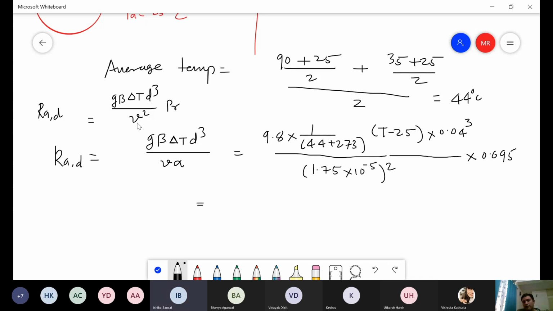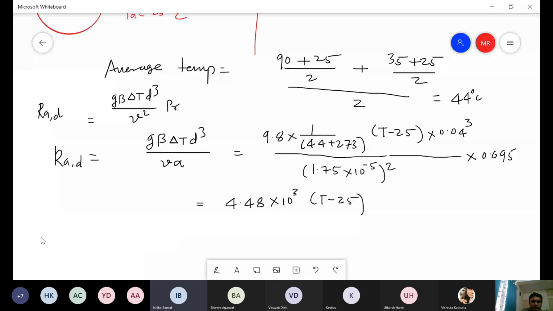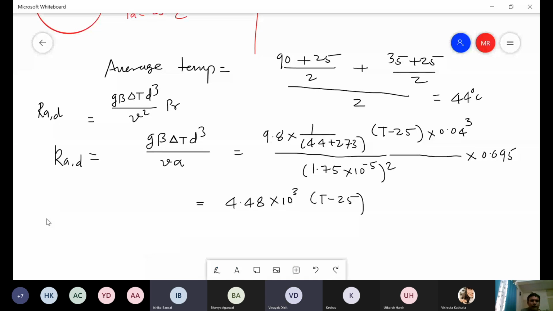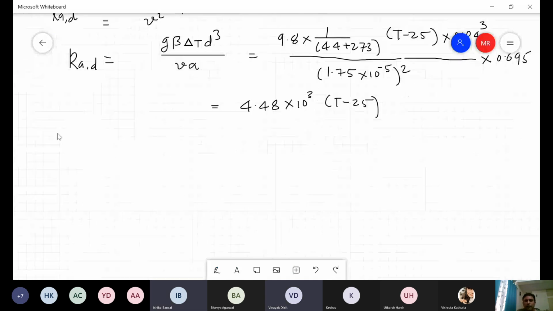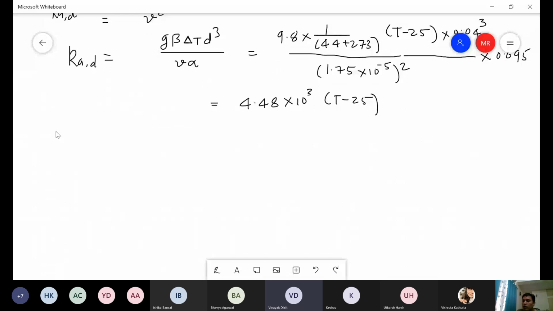Sir, is it coming out to be 4490 into T minus 25? Something around this I got. Check whether this is correct or not. Is it correct? Yes, sir, it's 4490. Okay, I got this value, but I'll change it.